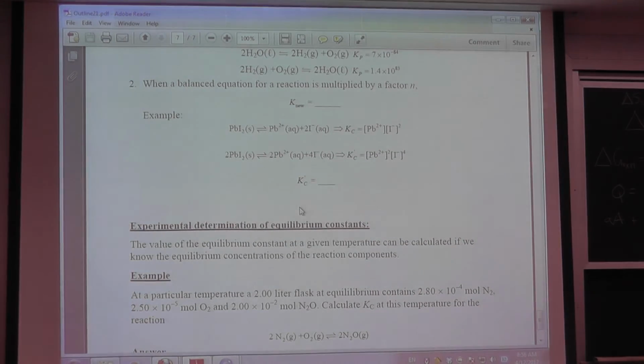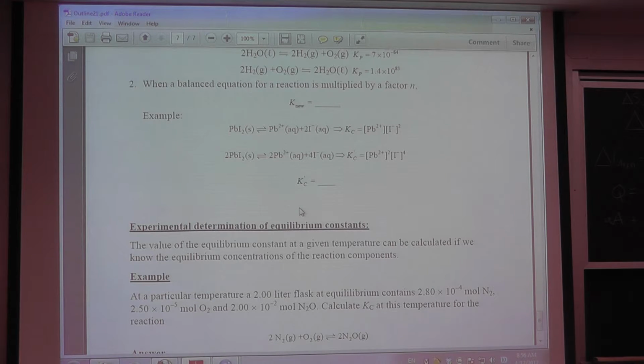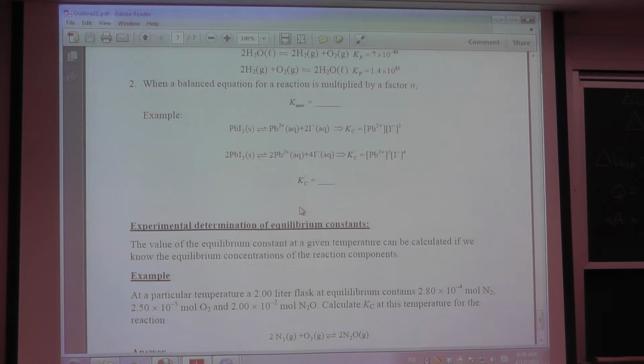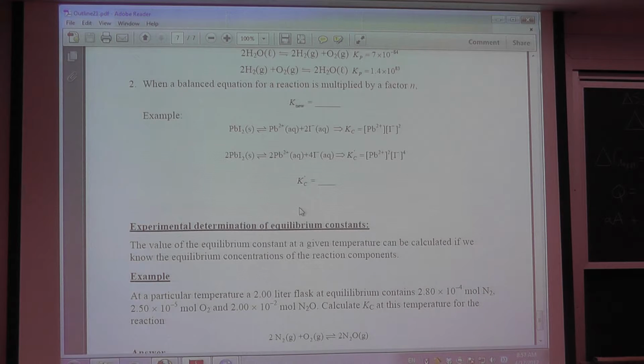So whenever you write an equilibrium constant, not only should you specify the temperature, but you should also have an accompanying equation written for that process.